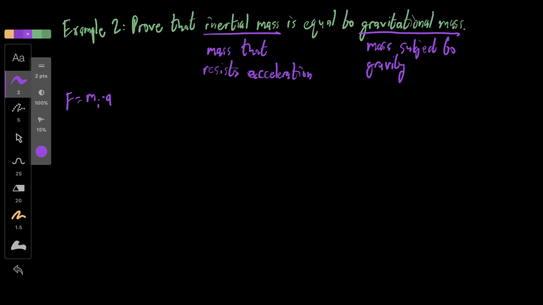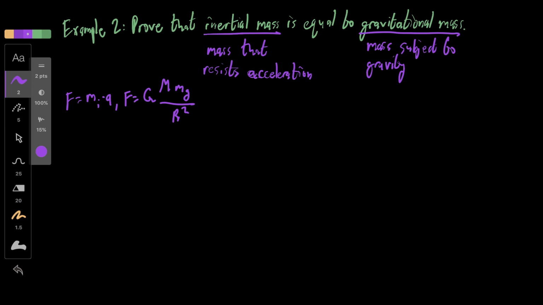Normally we say m times a, but since all of Newton's laws of motion deal with mass that resists motion because of Newton's first law, this means that we're going to use inertial mass. Now, at the Earth's surface, it's g, etc. And another formula is again F equals G times m, whatever other mass that is, times the gravitational mass m_g over r squared.